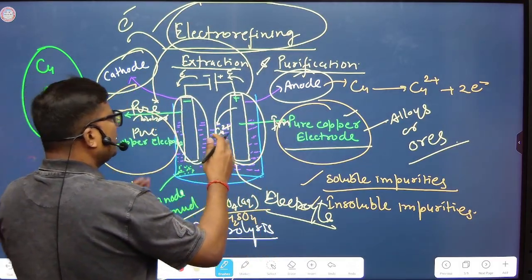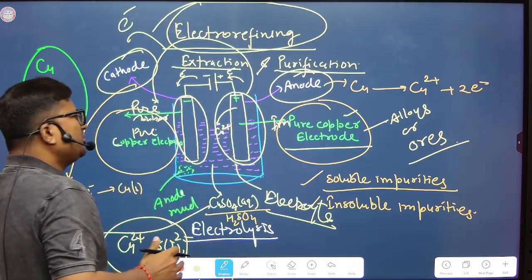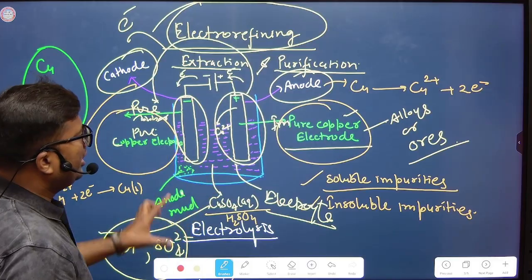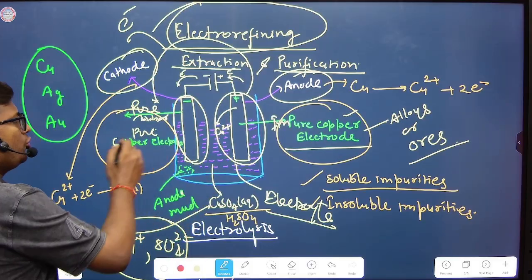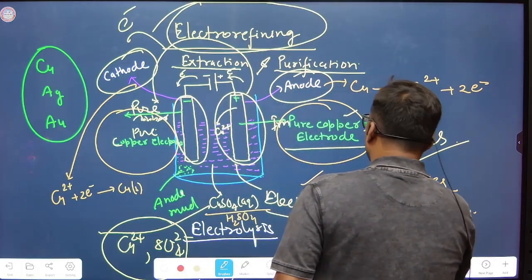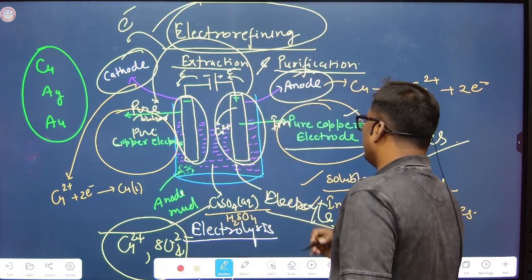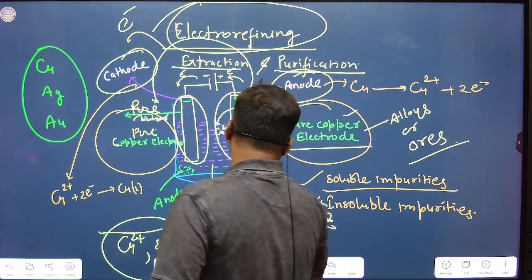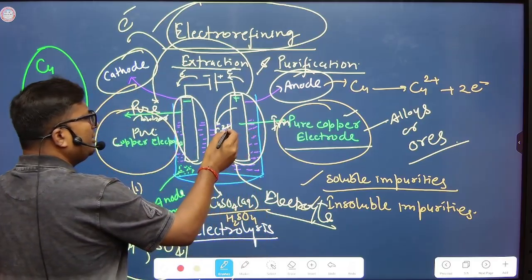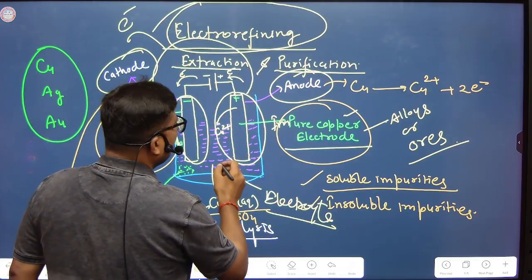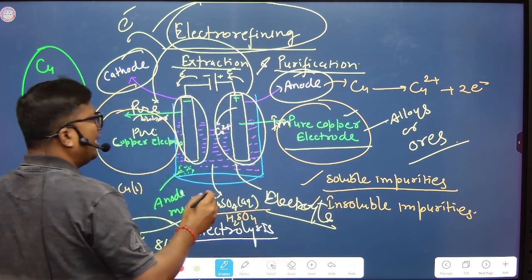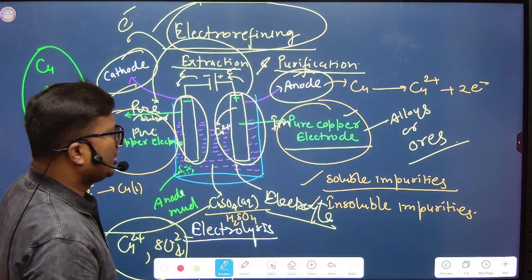And the soluble metals which are present in the impure alloys or ores, if they are soluble, then these soluble impurities go into the solution. So copper 2+ comes into the solution and all the impure soluble metals also go into the solution, right?